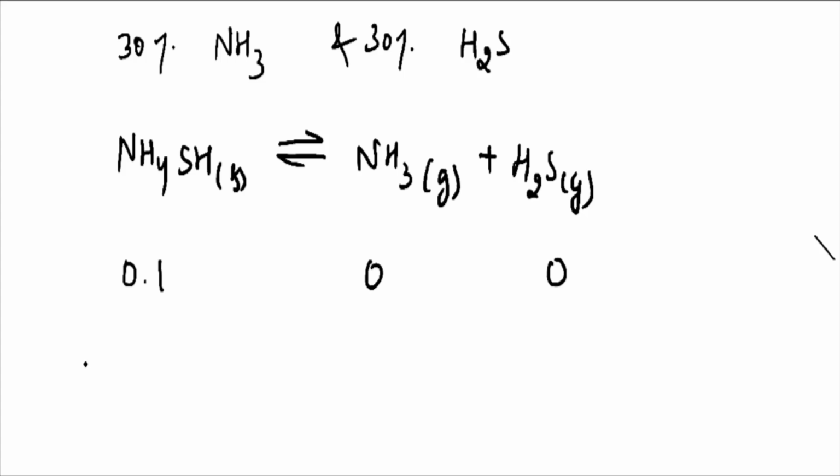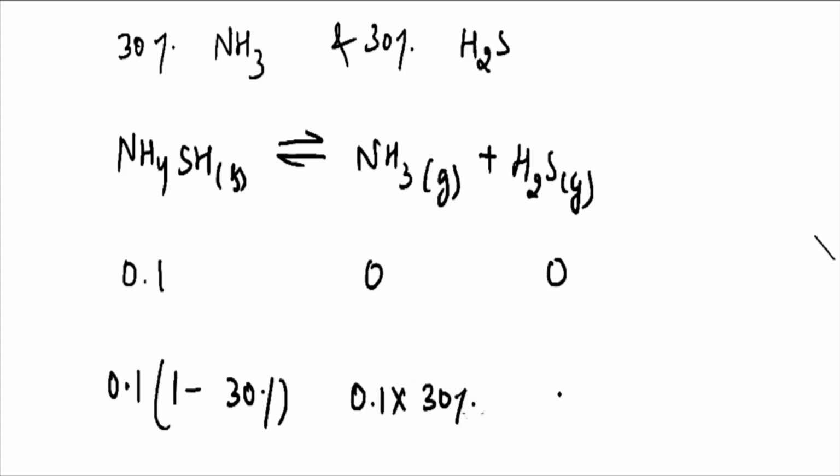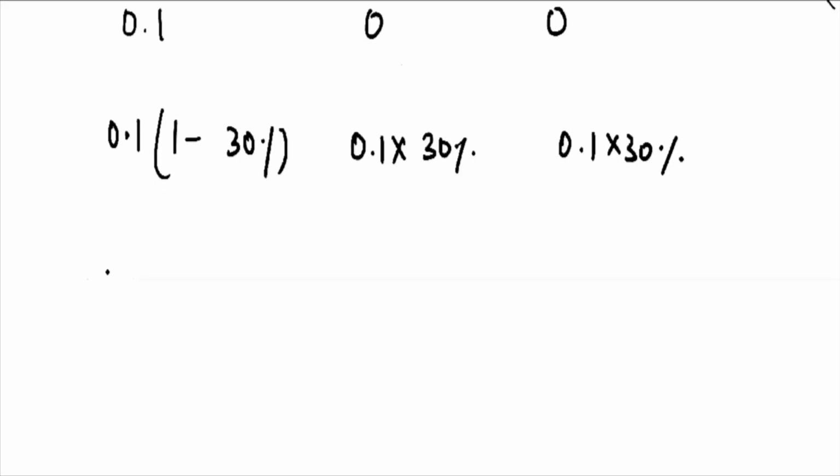Now we will use the 30% of the initial concentration: 0.1 into (1 minus 30%), 0.1 into 30%, 0.1 into 30%. On solving this, it is equal to 0.07, 0.03, and 0.03.